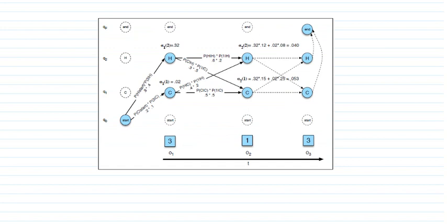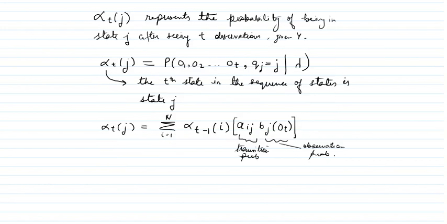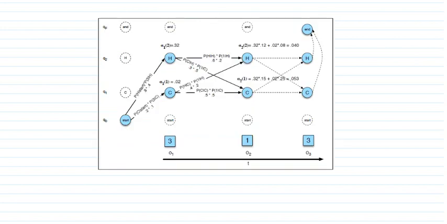We have to iterate on i, so we sum the alpha 1 values, each multiplied by its transition and observation probabilities. When we add these two, we get this.